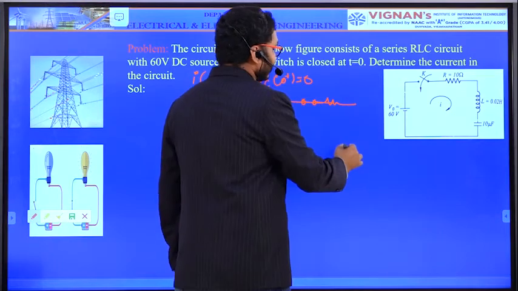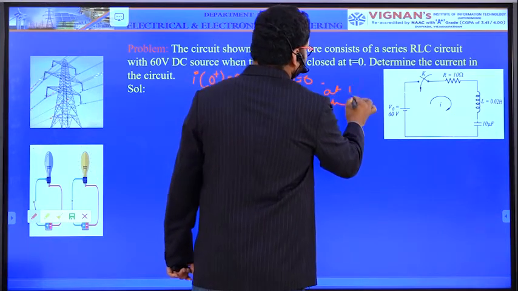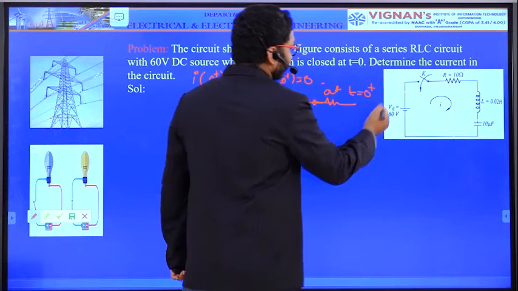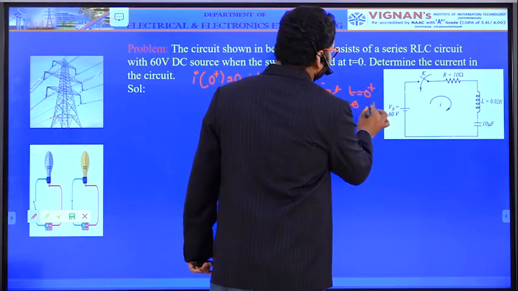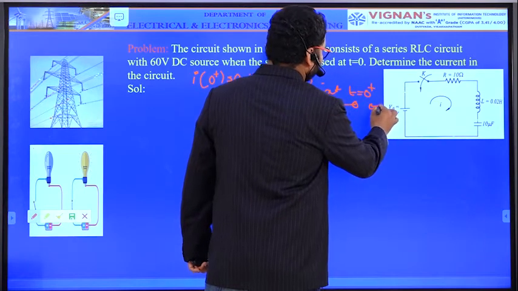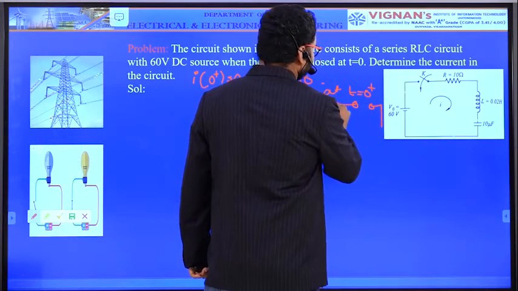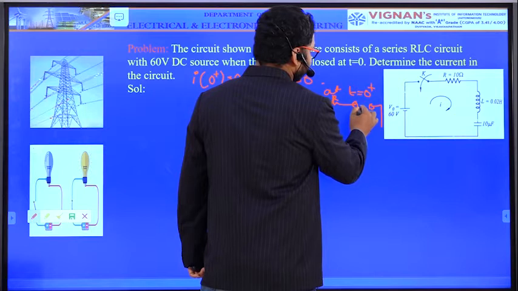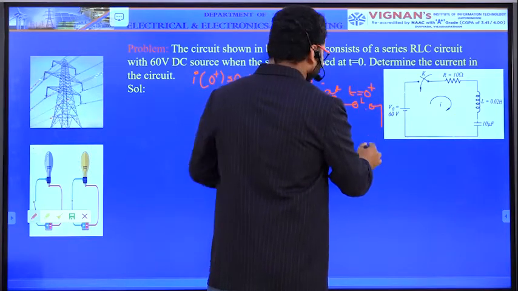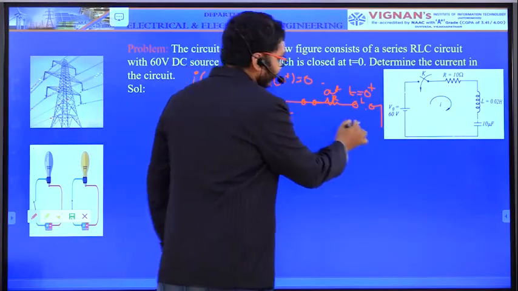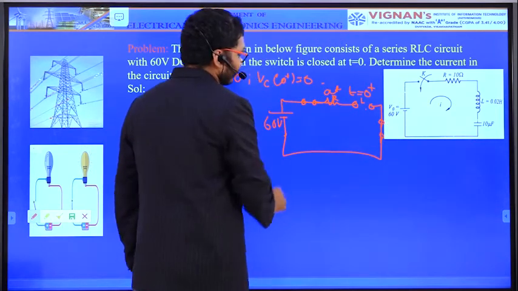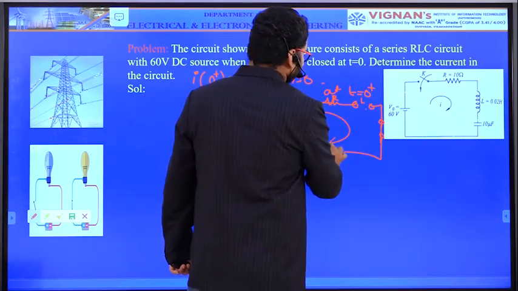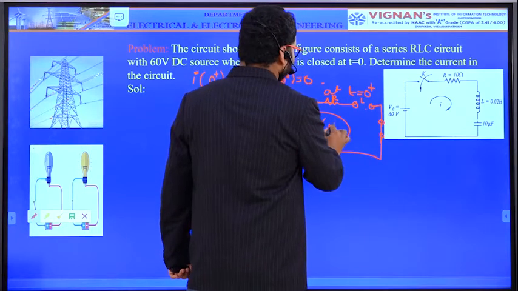At t equals 0 plus the current is 0, so the inductor current is 0, which means it is an open circuit. Similarly, the voltage across the capacitance is 0, which means it is a short. This is at 0 plus.